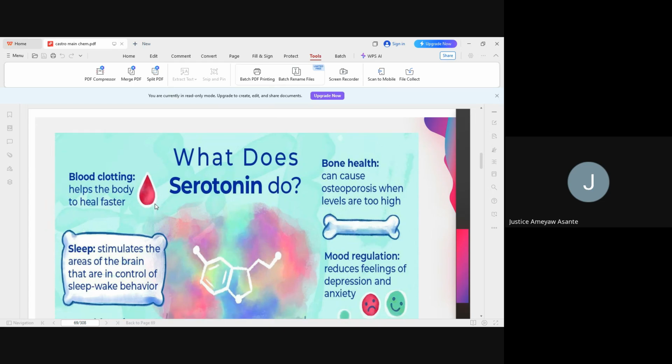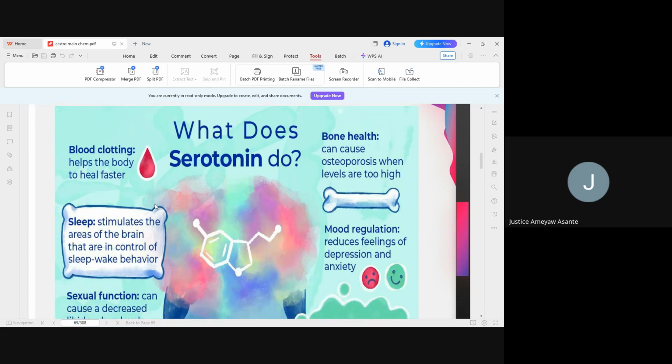Clotting of blood helps the body to heal faster. You need them, but when they become too much, they also cause symptoms. They can affect the body, and therefore they need to be managed. So what are the things that this chemical can do for the body? It stimulates sleep, stimulating the area of the brain that controls sleep-wake behavior.